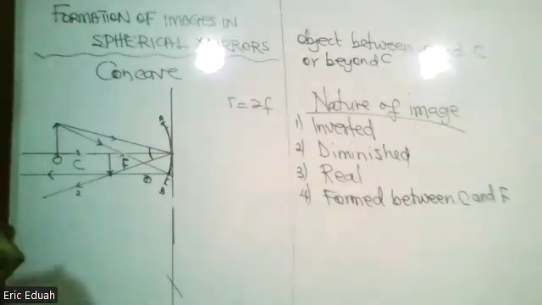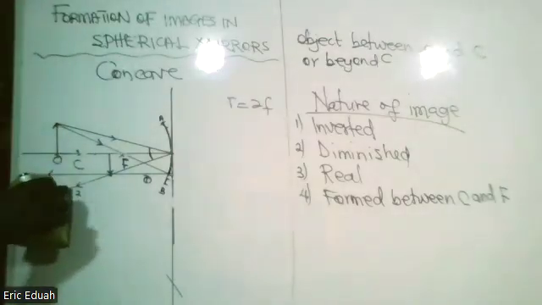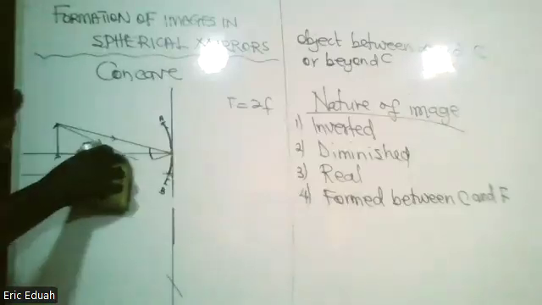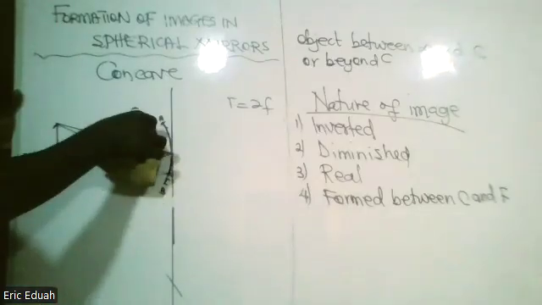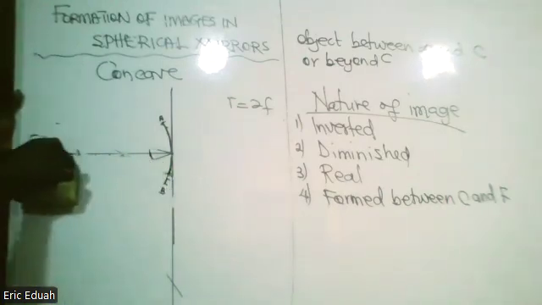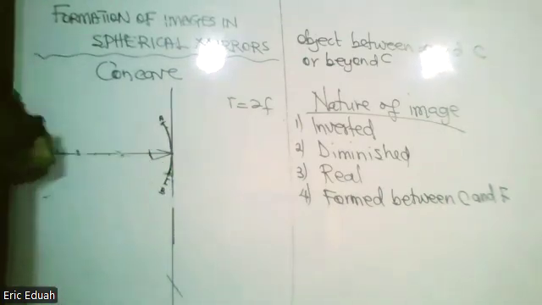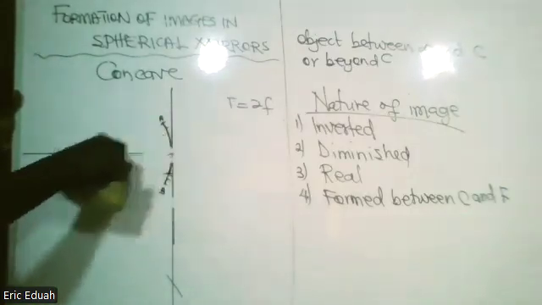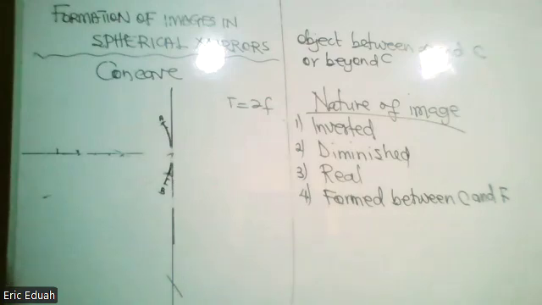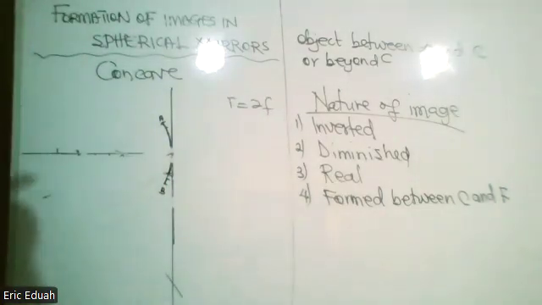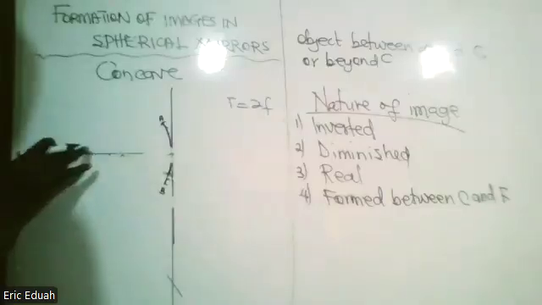Okay. Then let's place the object at C. Let's place the object at C and use a ray diagram to describe the nature of the image formed. I'm going to do this with you, then subsequent positions will be given to you to try.